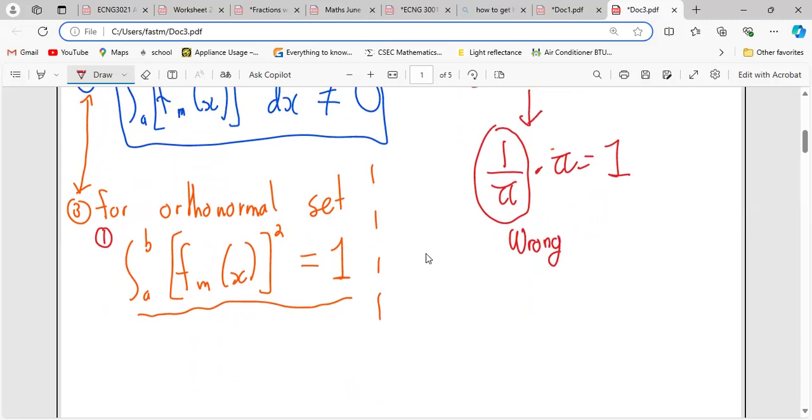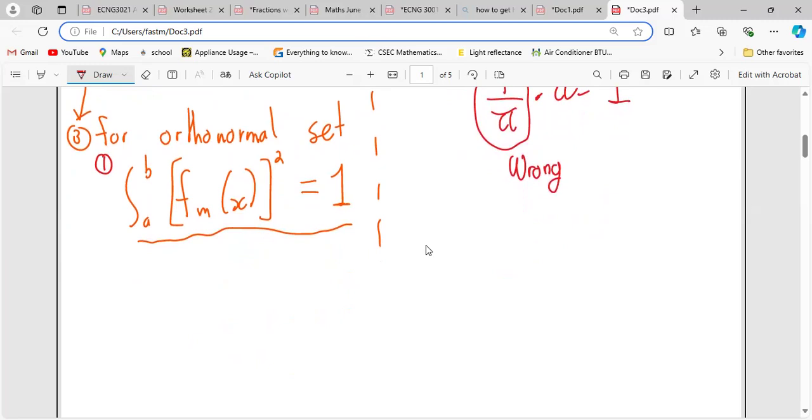If you say the answer is multiplying every function by 1 on pi, that means you're telling us this: the integral from a to b of 1 on pi cos 2x, squared, dx.